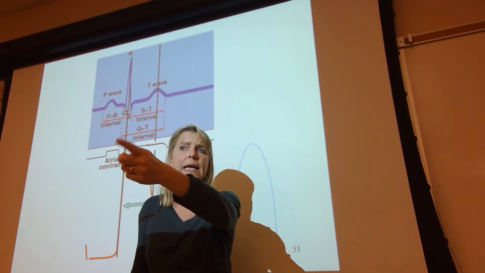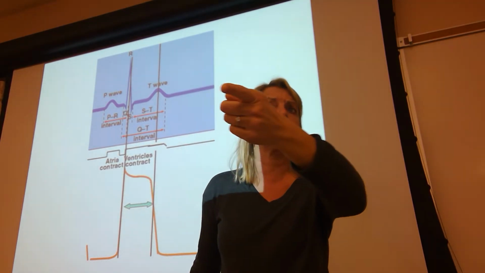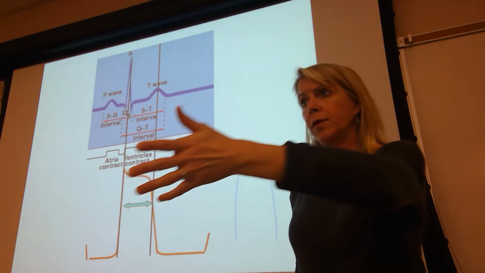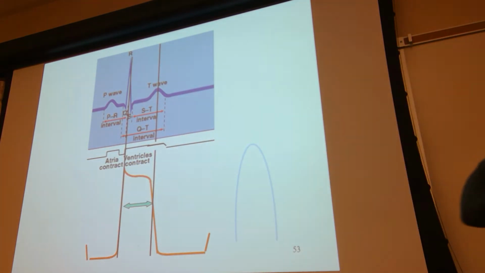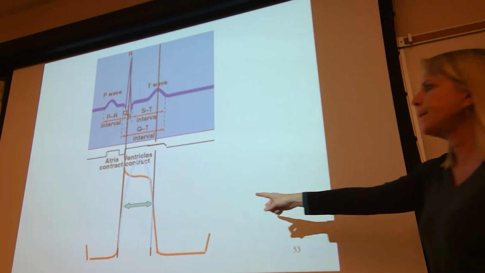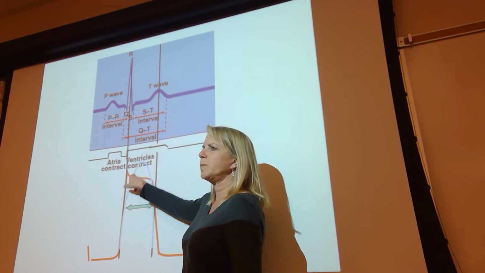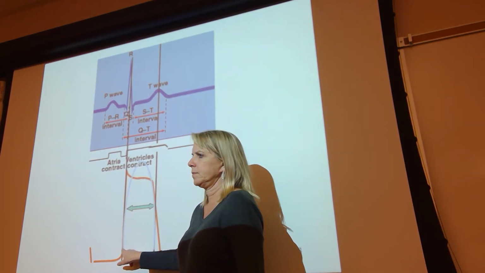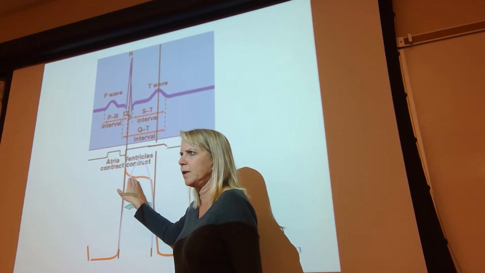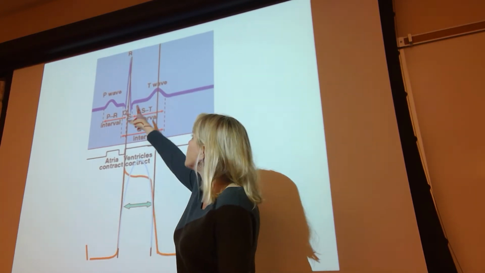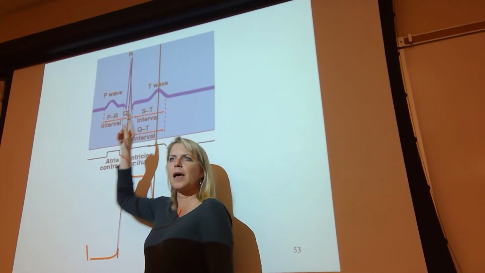This is when we're getting calcium-activated calcium release. I talked about this on Tuesday. At this moment in time, the mechanical event that is happening, the cells would be contracting. We get peak contractile force during this phase 2, this plateau phase, which correlates with the ST segment.